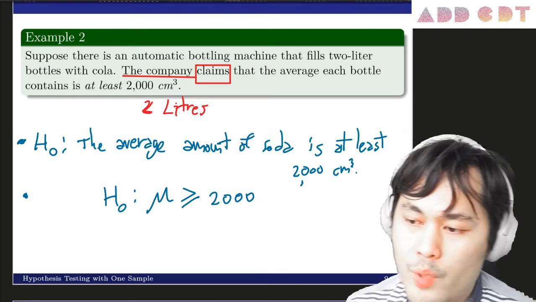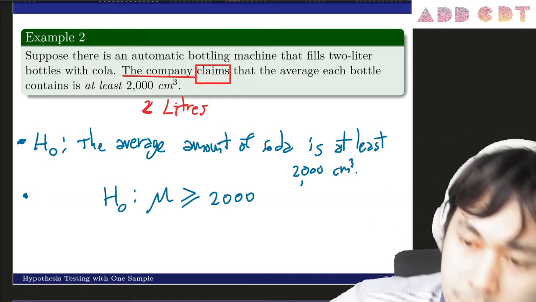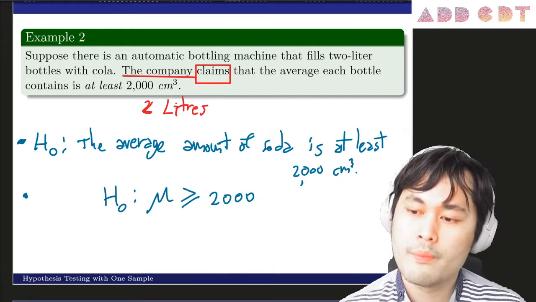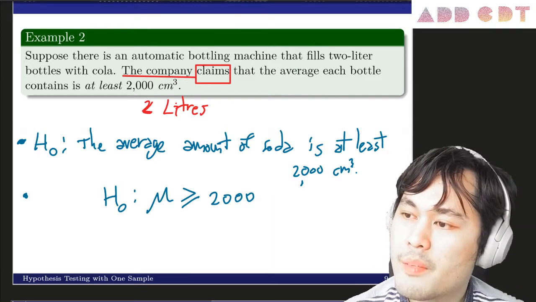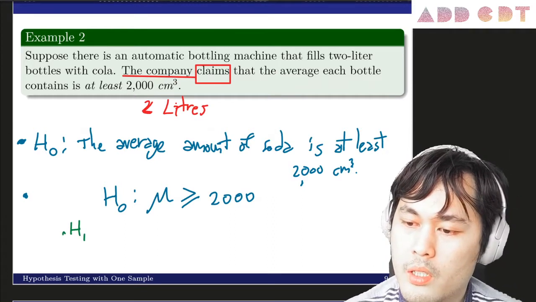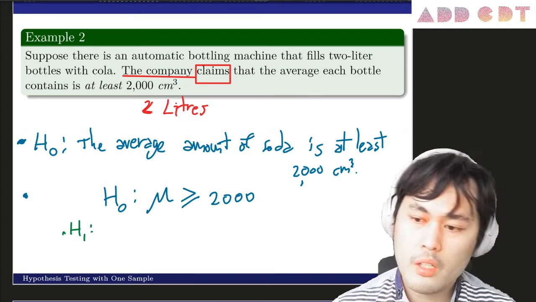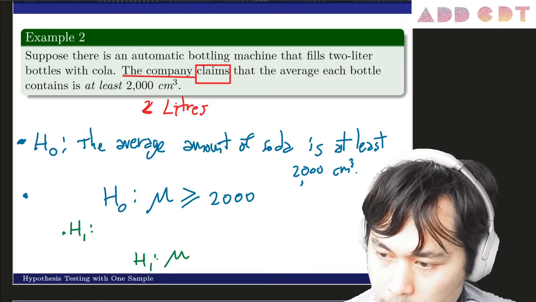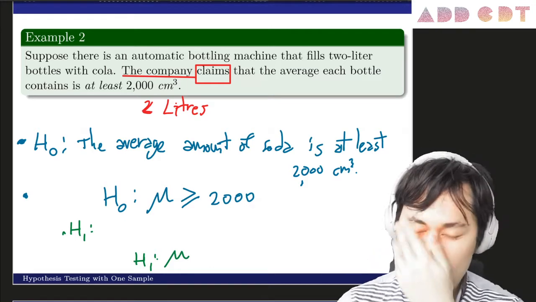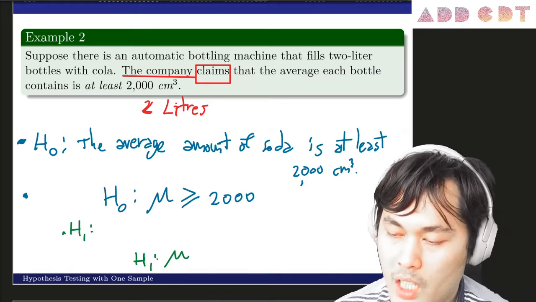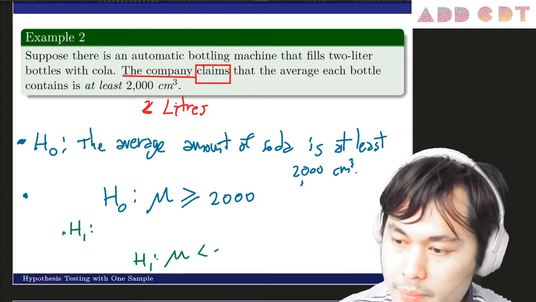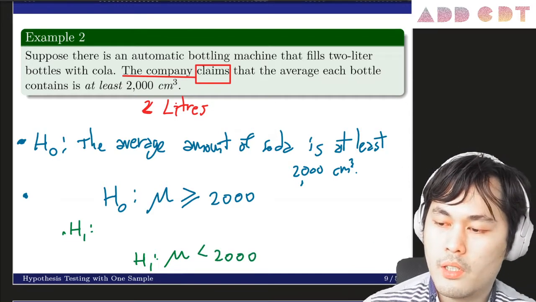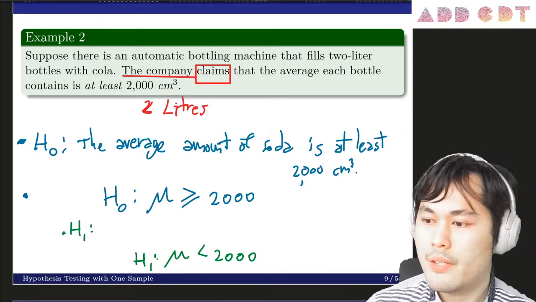This is something that we believe to be true. The opposite, or the alternative hypothesis, which we express as H1, is the opposite. In math terms, maybe that is easier, right? If you think it is at least 2,000, the opposite of that is that it is at most, not including, it is less than 2000.